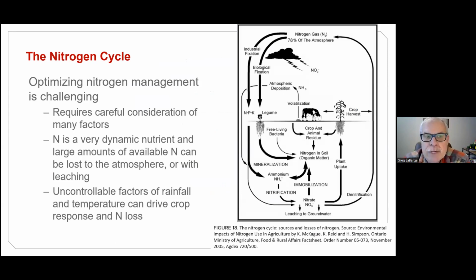Then we can also think about it from the environmental aspect, in that leftover nitrogen at the end of the season is going to be problematic downstream when we talk about losses, particularly here in Ohio. Between leaching and moving out through tile line nitrates or through denitrification, we really do drain our soil system of all the nitrogen that's available.